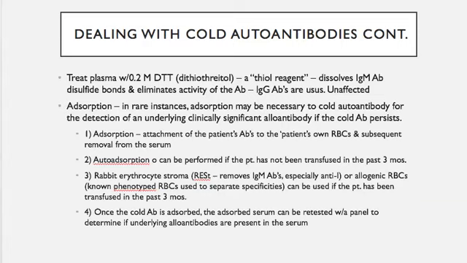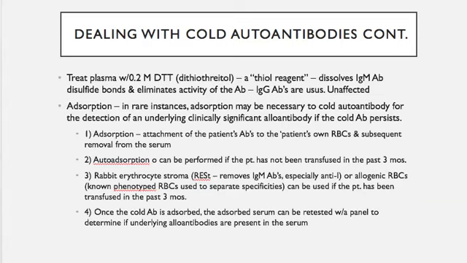And then absorption techniques. In rare instances, absorption may be necessary for cold autoantibody detection of an underlying clinically significant alloantibody if that cold antibody persists. With absorption, you've got attachment of the patient's antibodies to the patient's own red cells and subsequent removal from the serum.